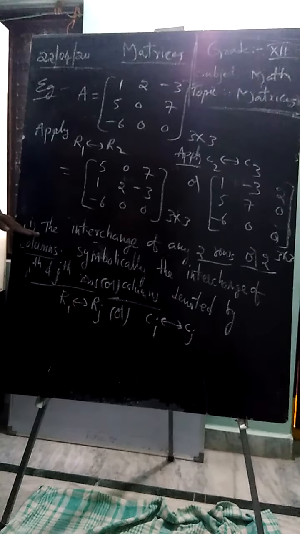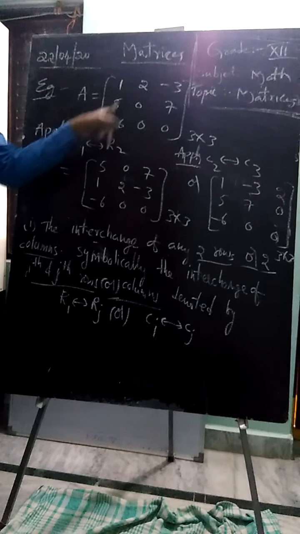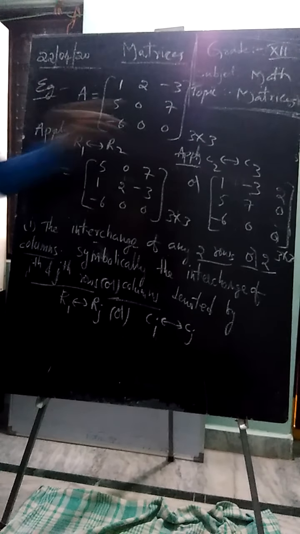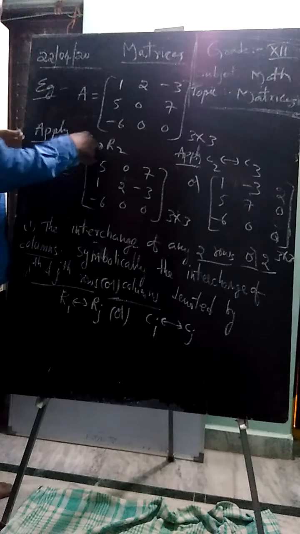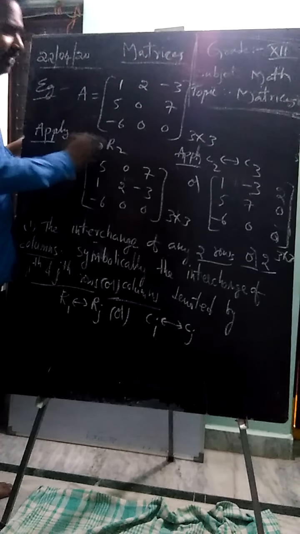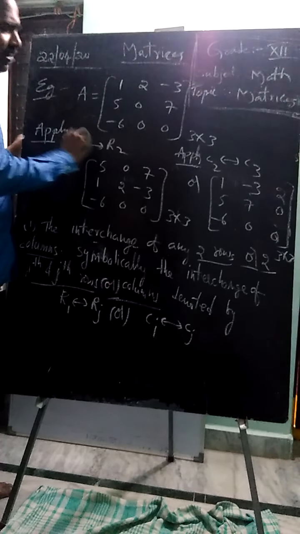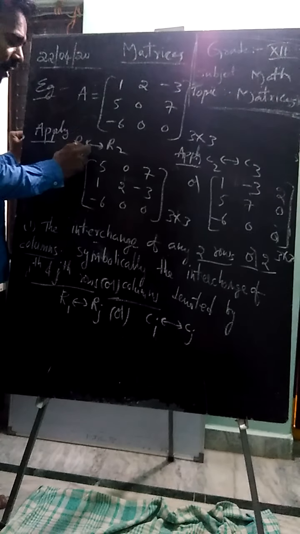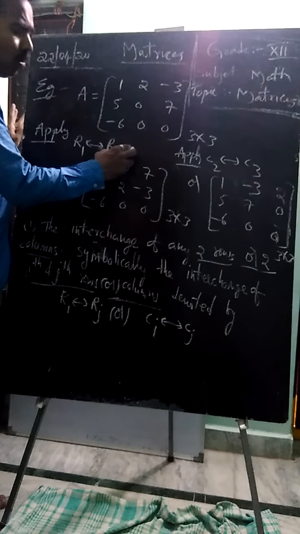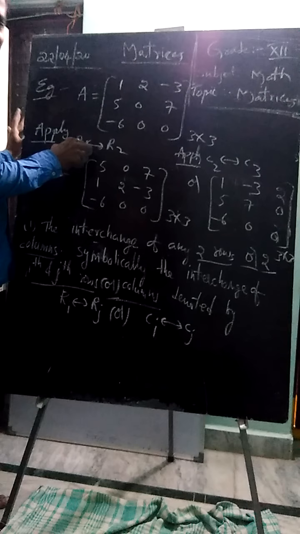Now we will discuss this first operation or transformation of matrix. Let us take one 3 by 3 matrix A: 1 2 minus 3, 5 0 7, minus 6 0. Apply R1 to R2, I mean vice versa. It is nothing but two sides transformation. So R1 is changing into R2, R2 is transformed to R1.